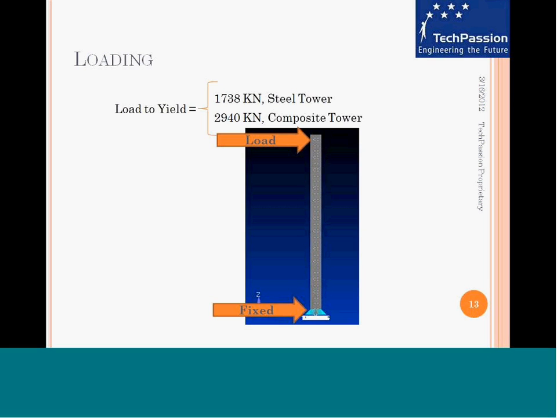If this is the tower, say it is fixed at one end and at the other end we apply a load, the load to yield for the tower made of steel works out to be 1,738 kN, and for the composite tower it works out to be 2,940 kN.